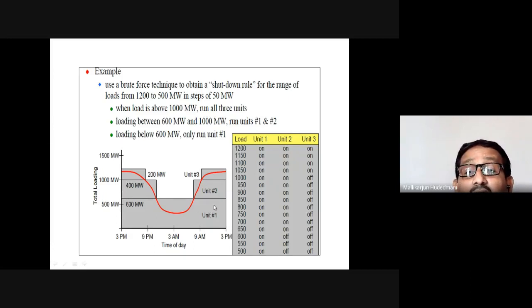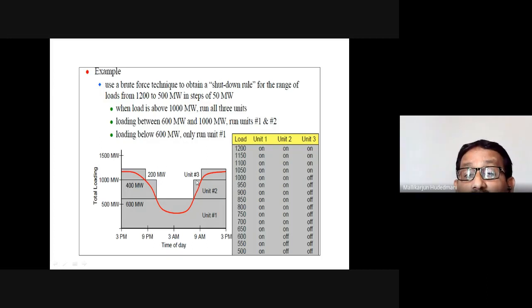Units 1 and 2 should run. When the load is below 600, machine 1 alone can deal with it. Machine 1 has the highest capacity, 600, and it can deal up to 600. You can see this horizontal line: up to 600, unit 1 alone can deal with the load.